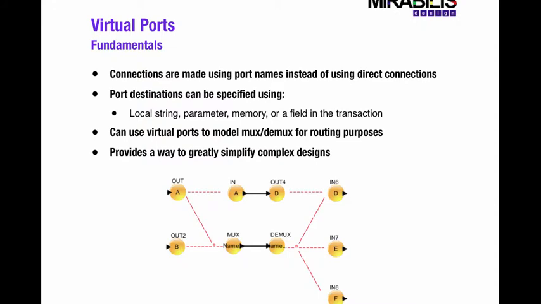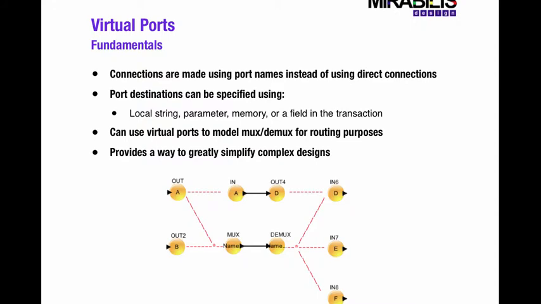In some designs, though, where they're quite complex and the connection scheme of point-to-point becomes unwieldy, we have developed for this purpose a set of what we call virtual ports. And these are ports that you don't connect point-to-point, but instead support virtual connections through the use of port names.